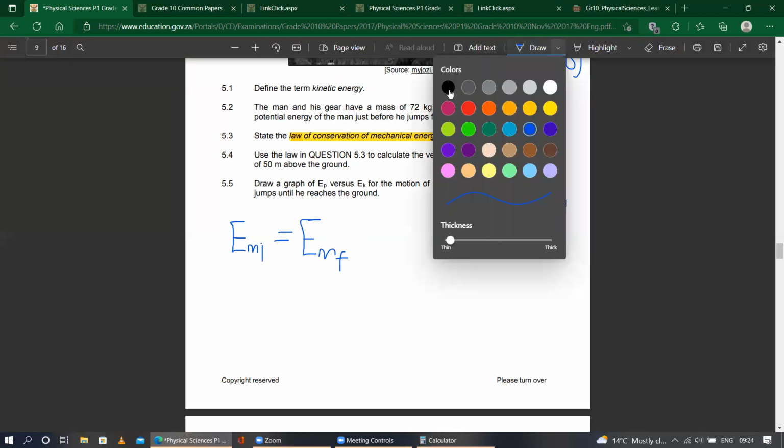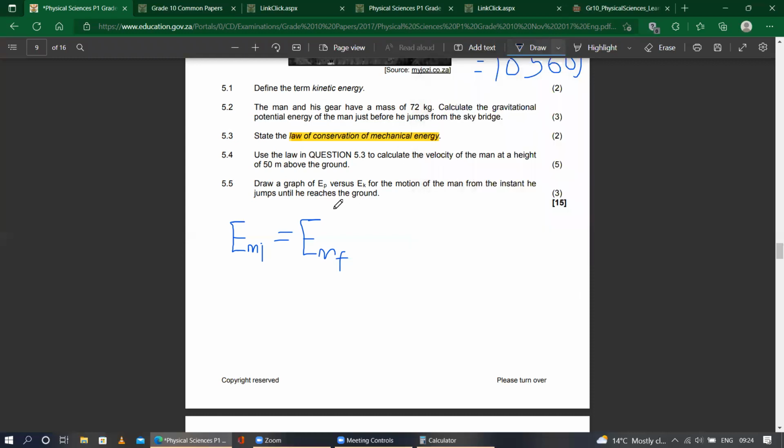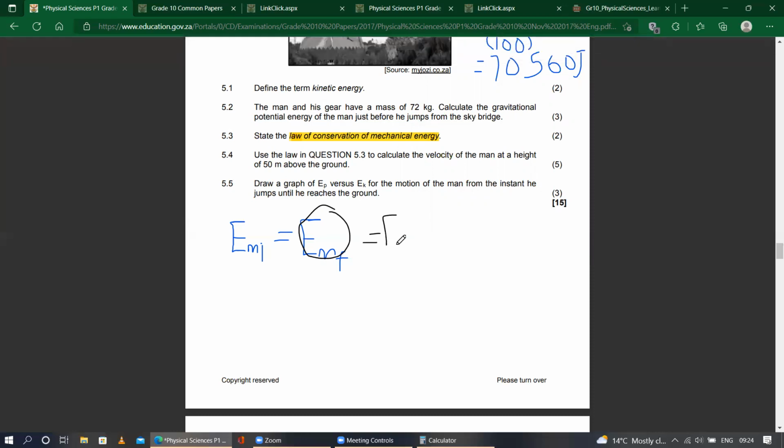You see, mechanical energy is going to be equal to EP plus EK.